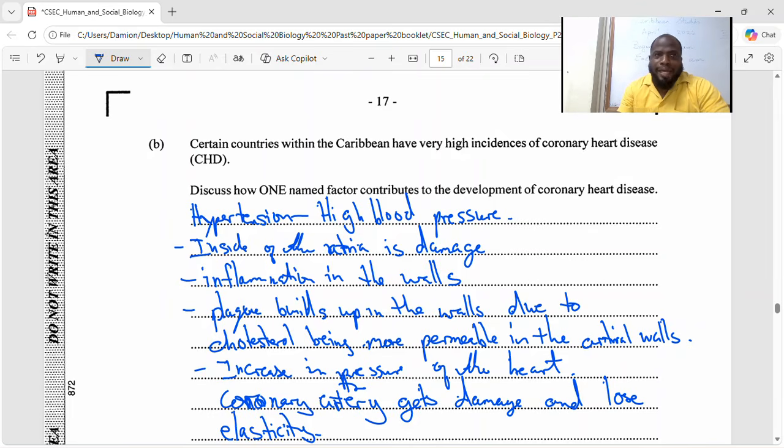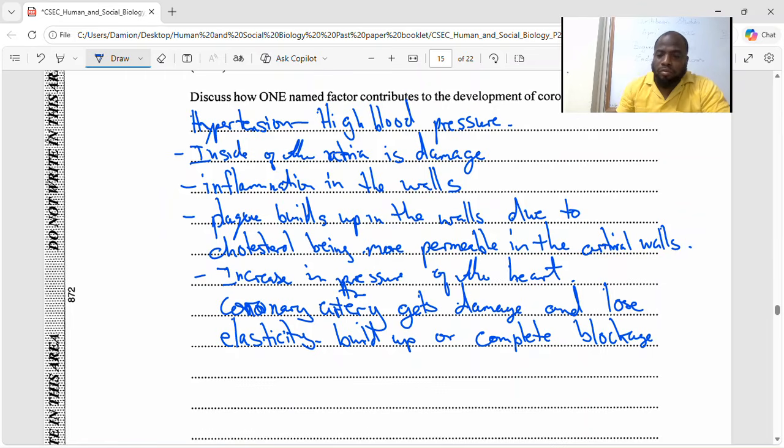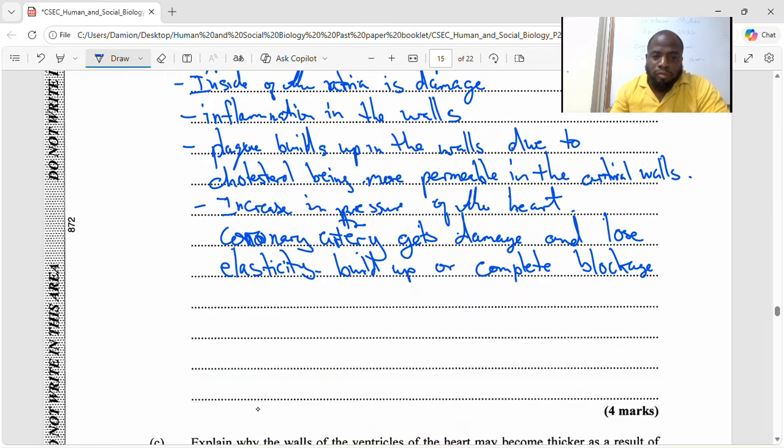And over time, this can even cause the buildup or complete blockage of the vessels, of the artery, which leads to a heart attack.